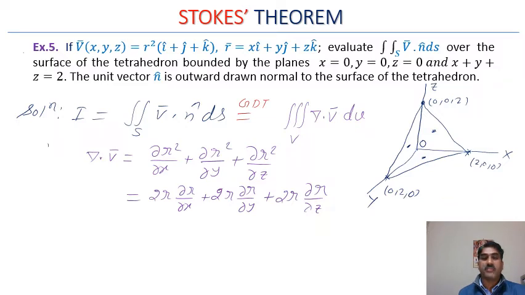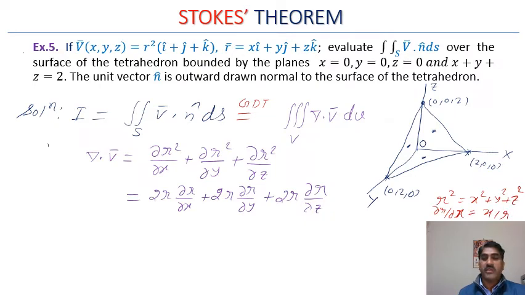So r square is equal to x square plus y square plus z square. We have discussed many times that del r by del x is x by r, del r by del y is y by r, and so on.